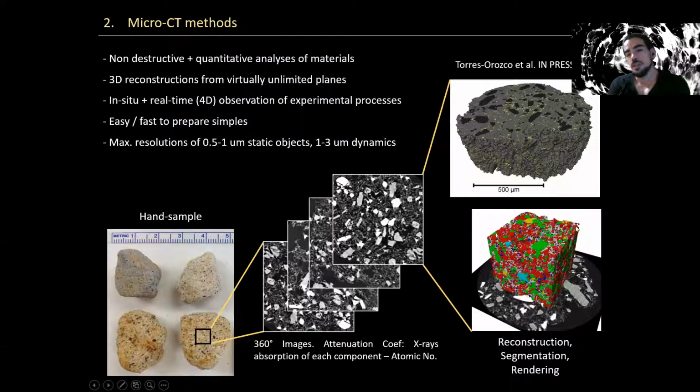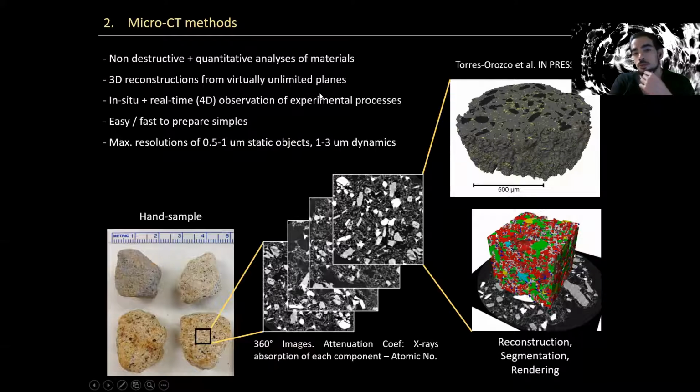And also the data that we acquire allows quantitative analysis of materials. The 3D reconstructions that we can produce come from virtually unlimited planes, and that's a huge difference compared to two-dimensional types of analysis.